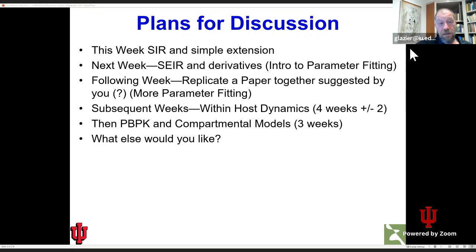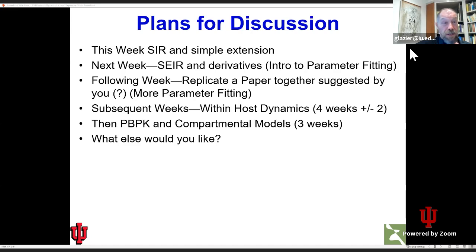So you're not infecting other people, but you're still sick, and then you're recovered and resistant for some time, and then you go back to being susceptible. We don't really know yet about the latter part because we haven't had enough time to be able to do that. So I want to do that, and I want to introduce parameter fitting.